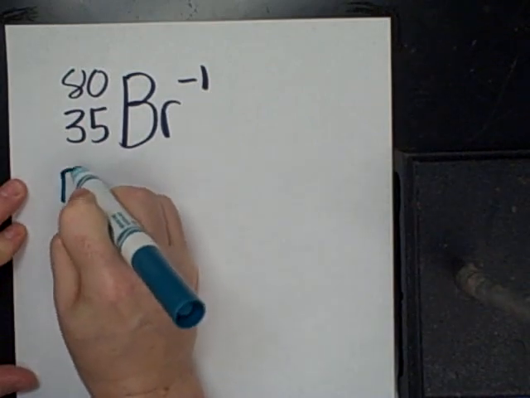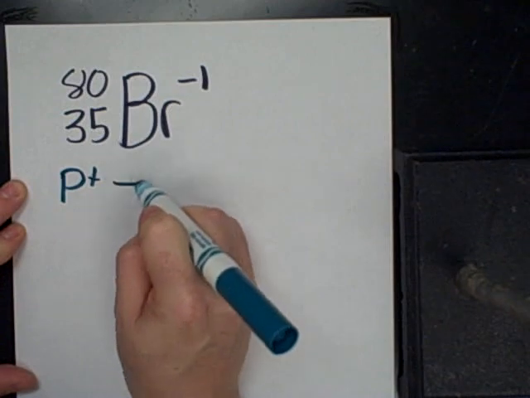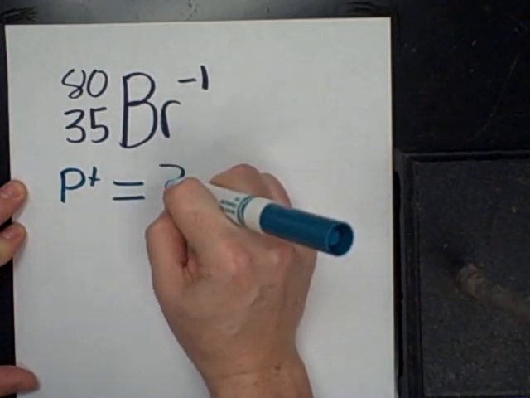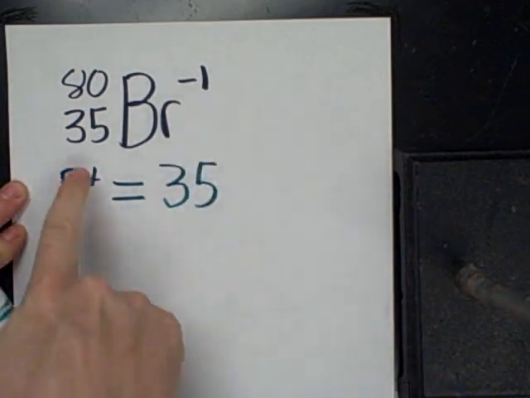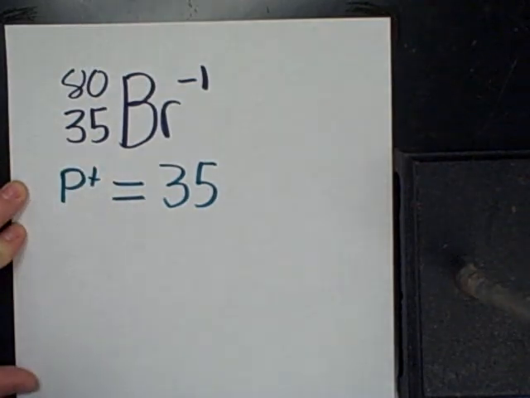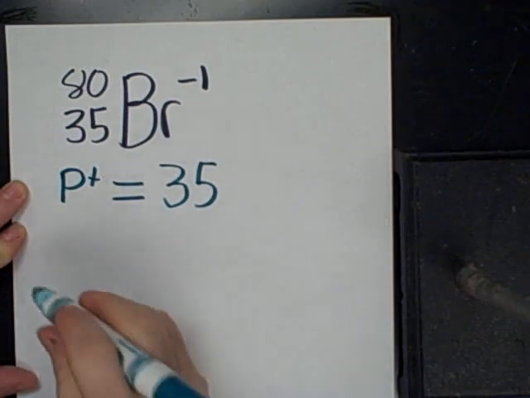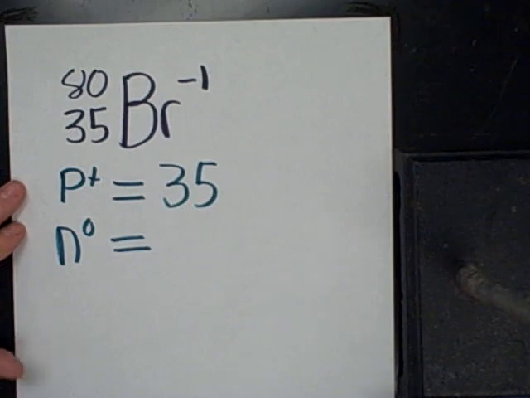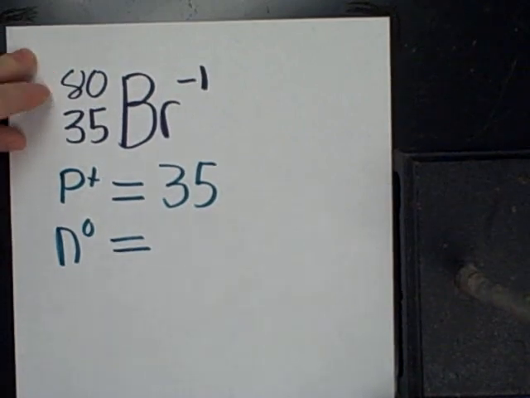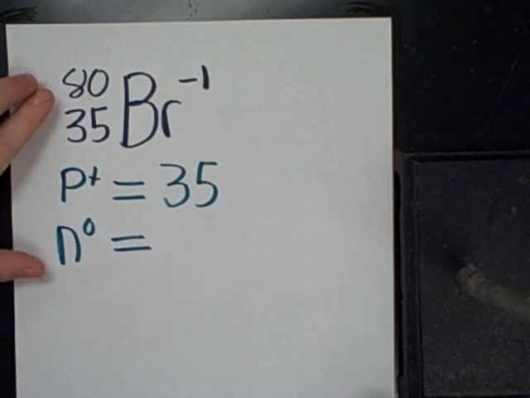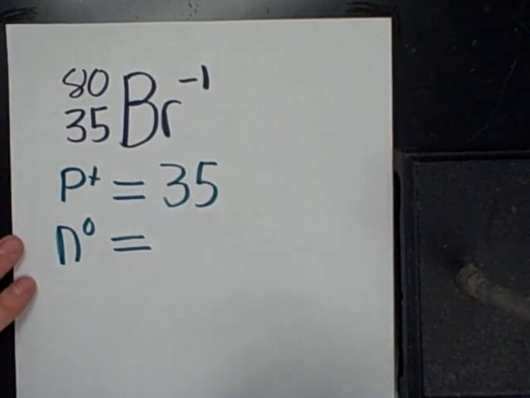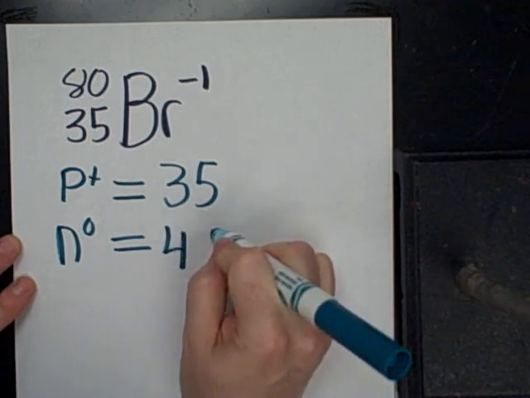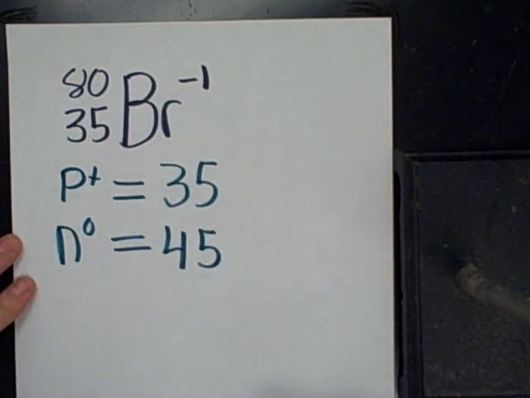So the number of protons is the atomic number, which for bromine is 35. And since this is in nuclear notation, they have given it to us as the bottom number on the fraction. The number of neutrons, we always have to calculate. Mass number minus atomic number gives you the number of neutrons. So 80 minus 35 is 45 neutrons.